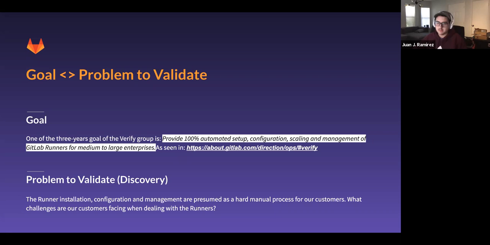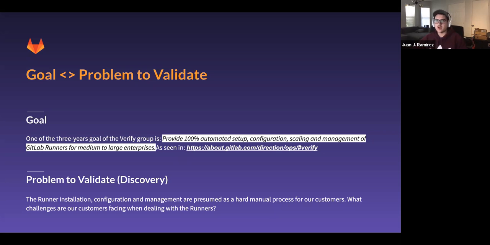It can be interpreted in many ways, but basically what this means in essence is that what we're trying to do with the runners is allow our customers who need them to be able to provide them or provision them in a very easy way.